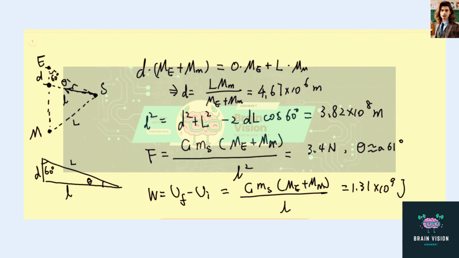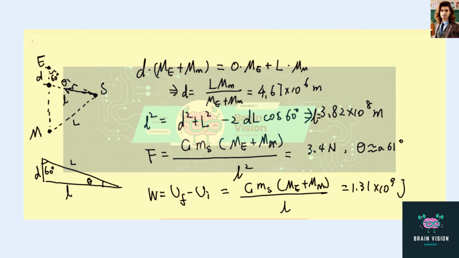We know this angle is 60 degrees, so we can use this equation: l squared is equal to d squared plus L squared minus 2 times d times L times cosine of this angle, which is 60 degrees. Solving this equation, we find l, the distance from the satellite to the center of mass, is 3.82 times 10 to the 8 meters.